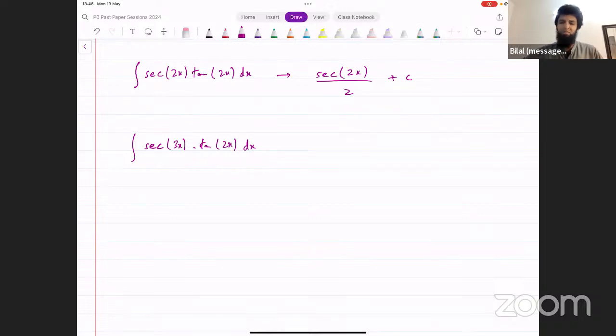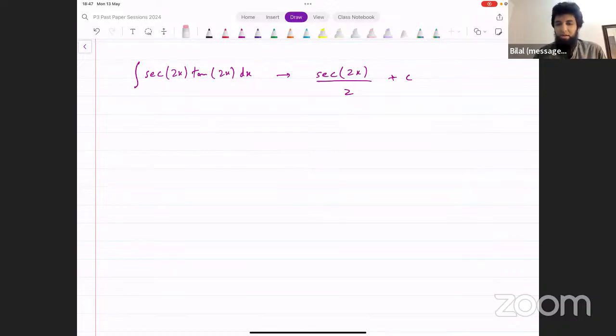Most likely they'll give you some hint of how to deal with this. Eventually you have to use integration by parts, or you can try expanding this somehow, making the angles the same, but it's going to make things very complicated.